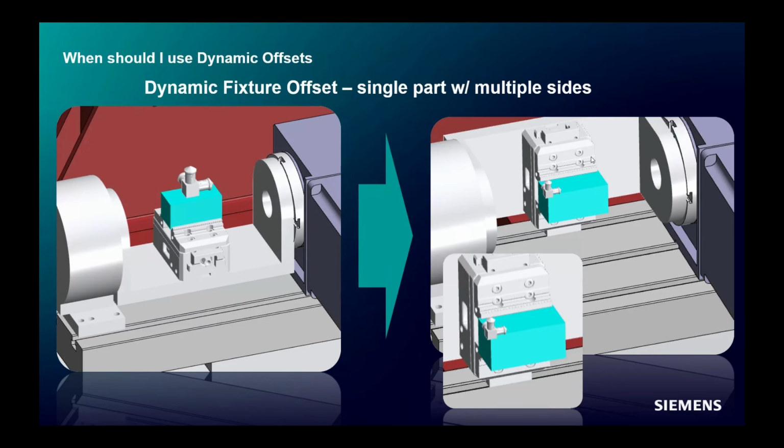And then as I rotate around, I can potentially put this block anywhere within my travel space, and I don't have to reprogram the part. It's all relative to the part, and the tool is relative to the part orientation, not where it sits on the machine. So certainly tombstones or fixtures where I want to hit multiple sides, maybe single clampings where I want to be able to machine on multiple sides, all great use cases for dynamic fixture offsets.